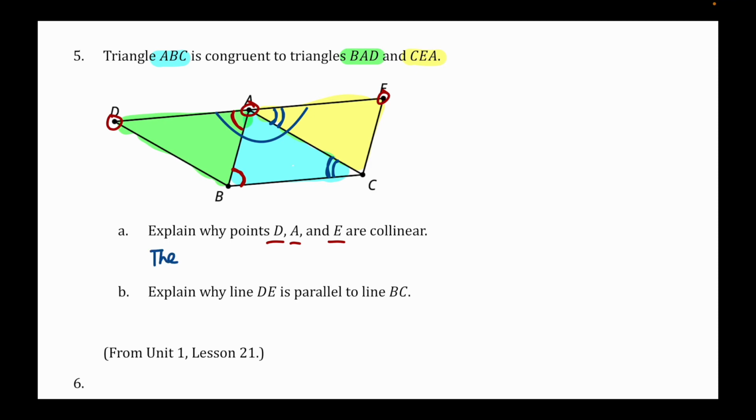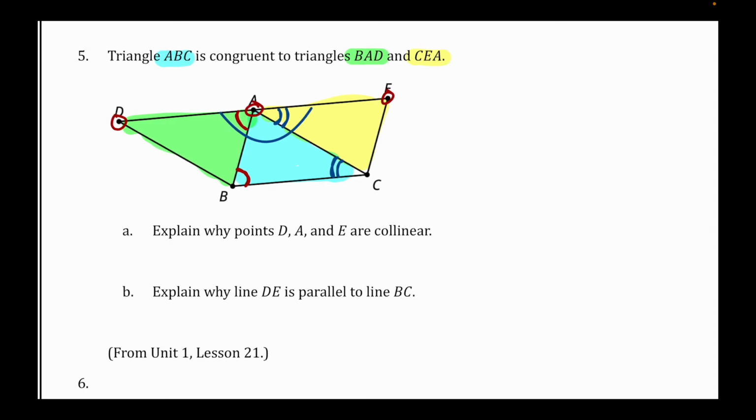Let's write this in a smaller print because it's kind of a long explanation. But we can say angle BAD is congruent to angle ABC, and we said angle CAE is congruent to angle ACB.